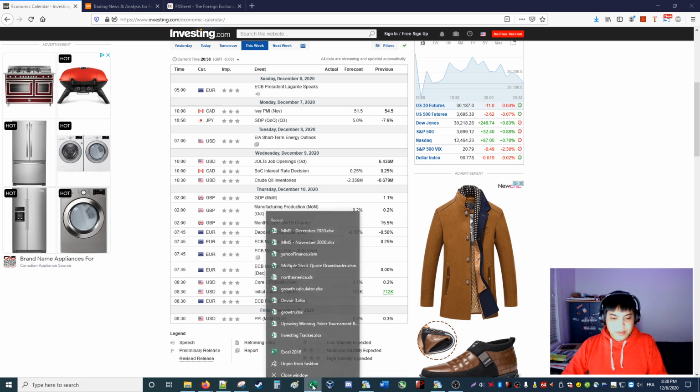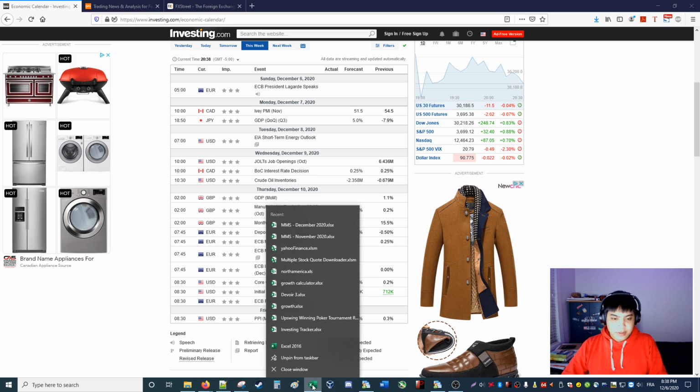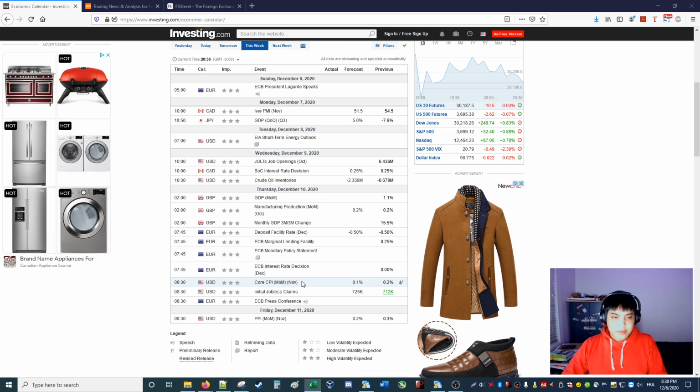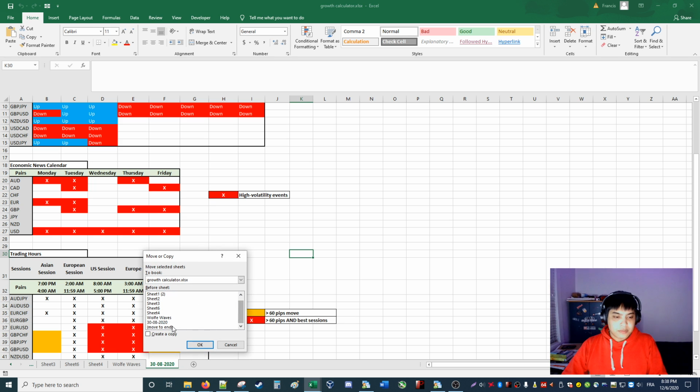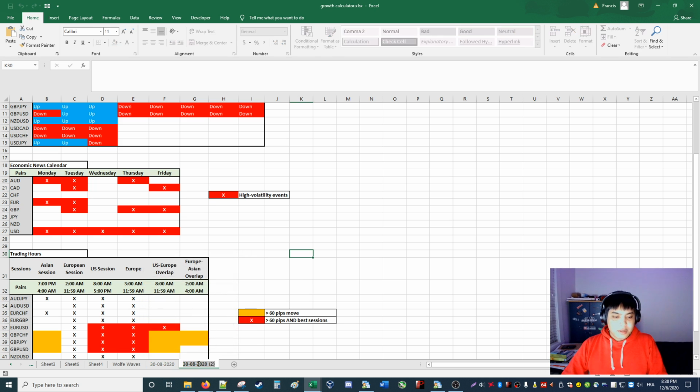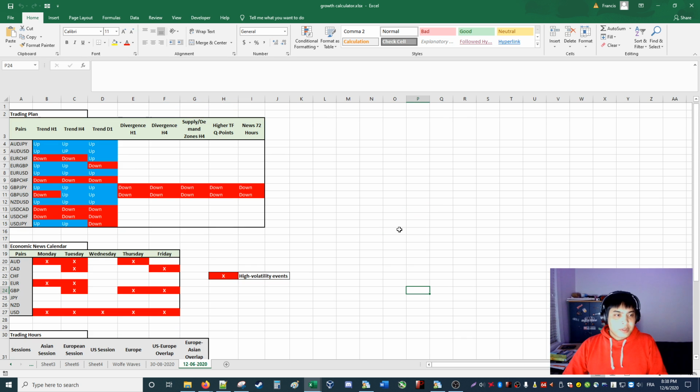Japan, yen. So let's look at our dashboard that we have. This one. Let's duplicate this. Change the week for 12/06. 12/06, perfect.